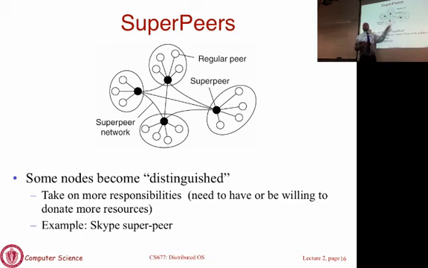So the super peer has all the entries for everything that is in its group. Okay? So now what happens is queries only propagate to the super peer. And the super peer is answering queries on behalf of other peers in their group. Okay, so whenever a new peer joins, if there is a super peer, it will actually say, here is what I have, you answer queries on my behalf.